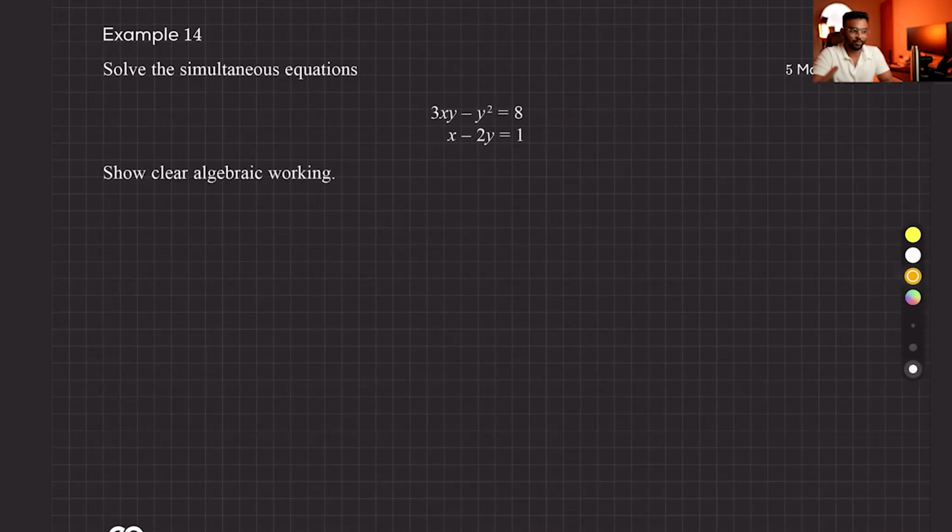What do you guys think we'll do? Watch what I'm doing. You see that minus 2y? I'm going to take it to the other side. I'm going to make x the subject. Absolutely, Eldos, you got it. So x is the subject: 1 plus 2y. Or you could even write it as 2y plus 1. I like writing 2y plus 1.